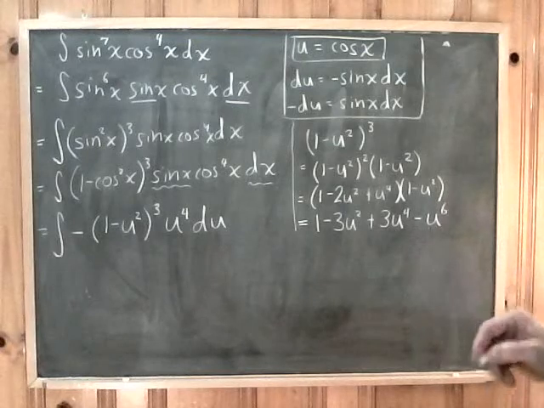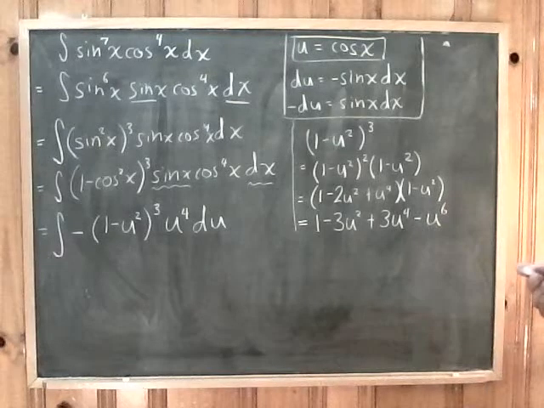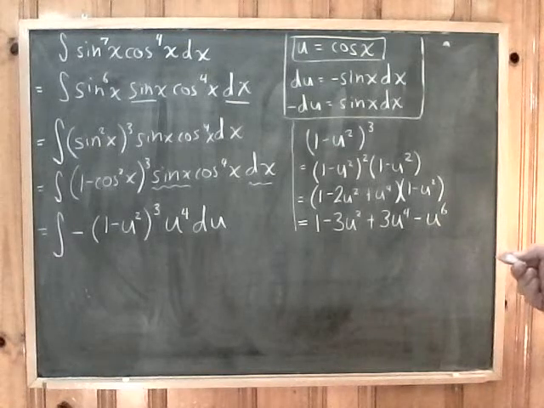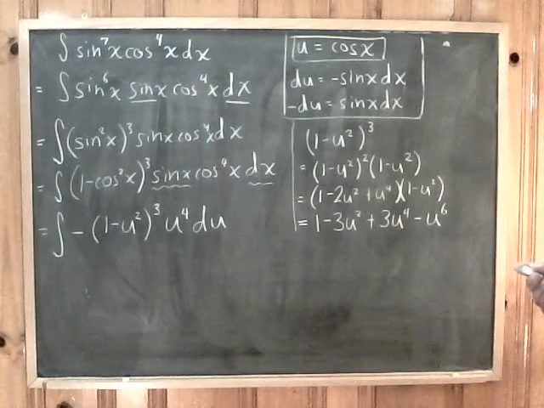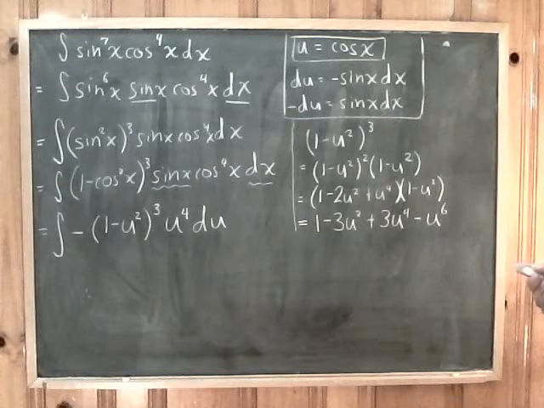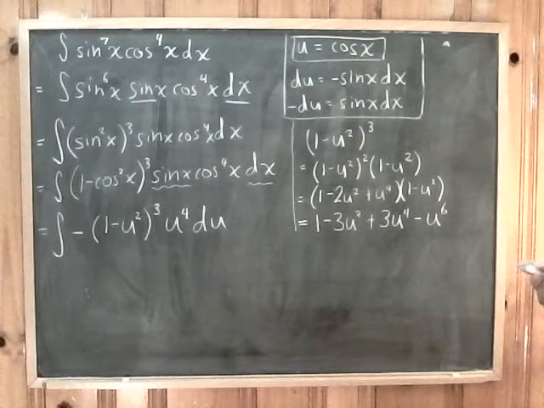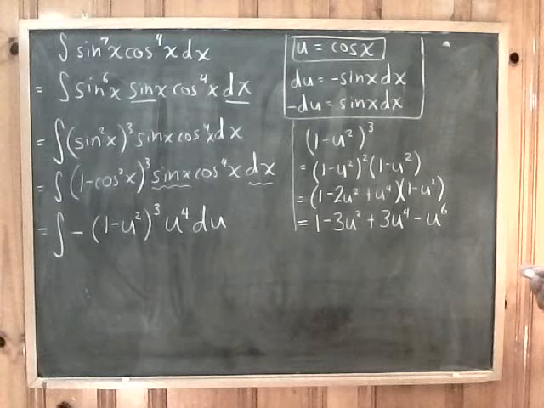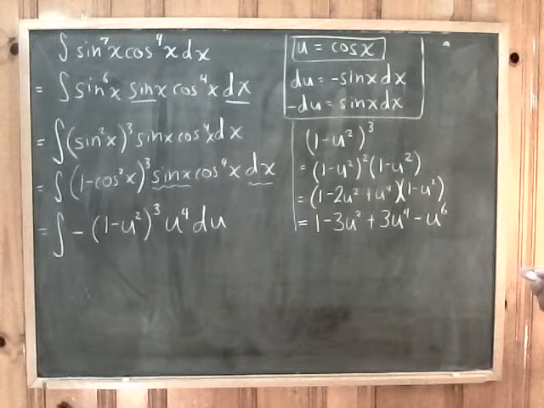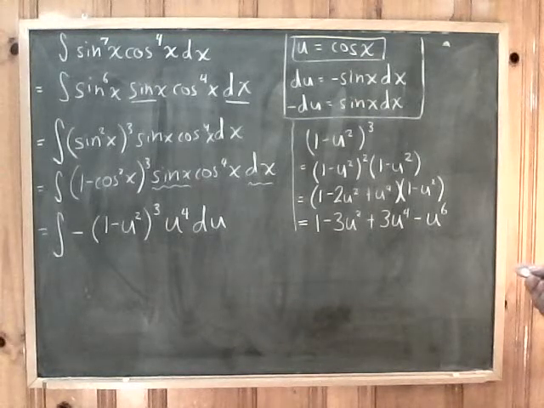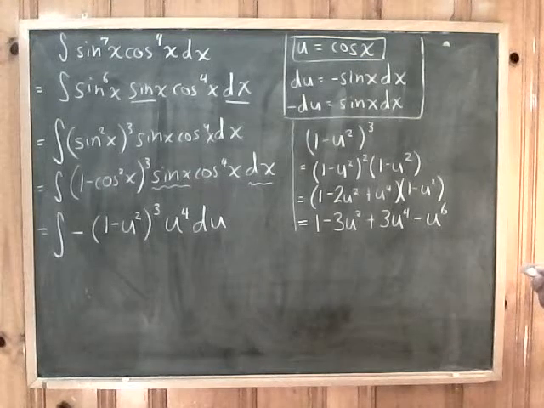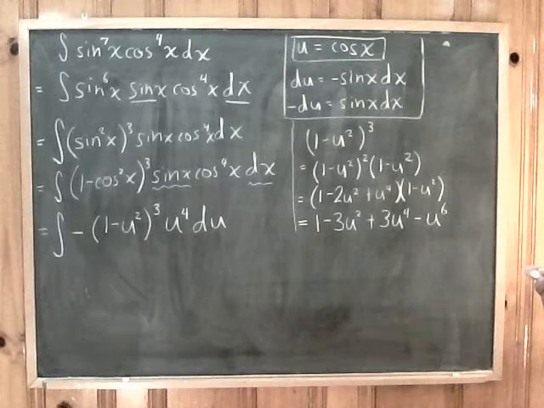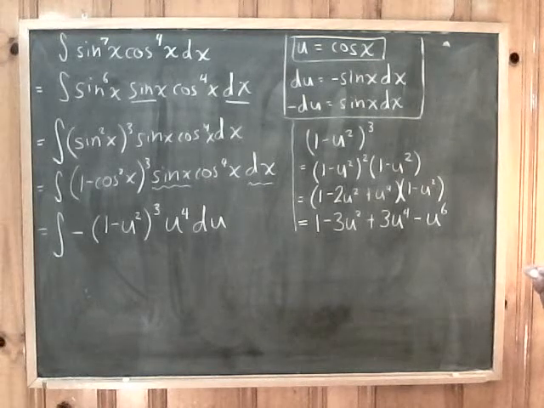Double check that. For u squareds, I have positive 2, and negative 1... Let's see. I believe that's correct.